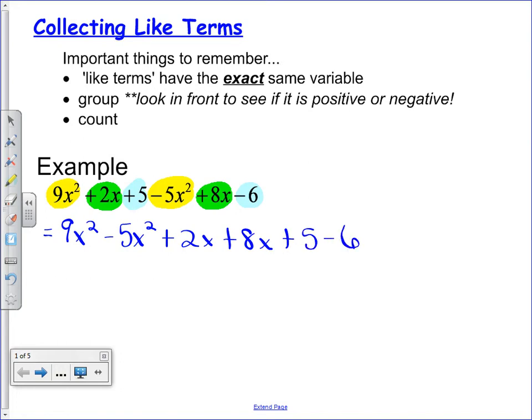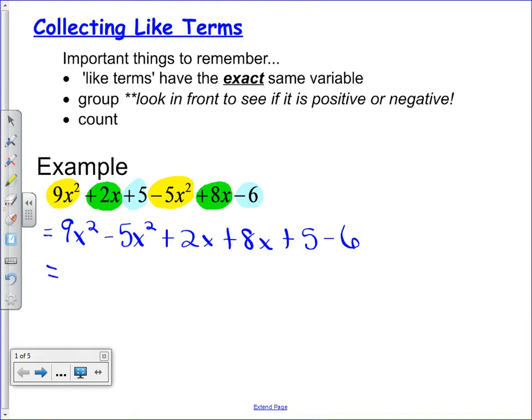That's perfect. So here's my yellow, here's my green, here's my blue. So I've grouped the terms together. Now I need to count them.